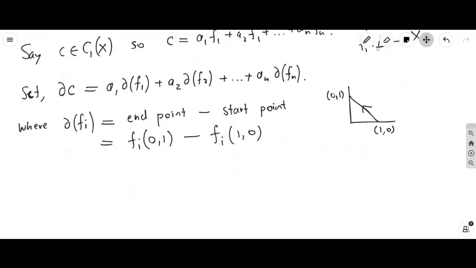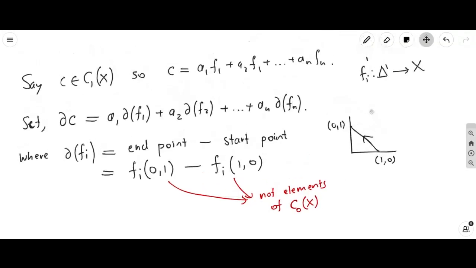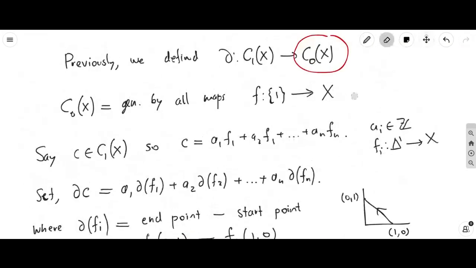And the reason why this is imprecise is because these two are not elements of C0 of X. It's a little bit confusing because previously, the way we defined C0 of X was the free abelian group generated by elements of X. But now C0 of X is defined a little bit differently.